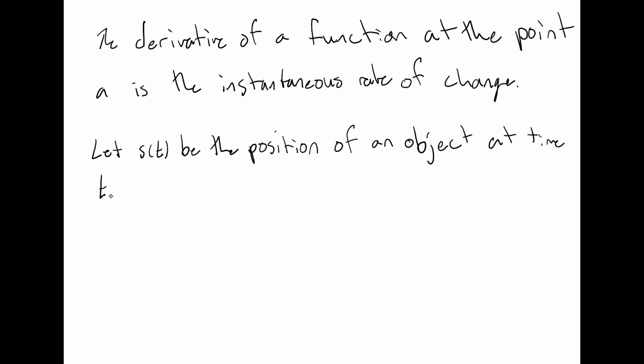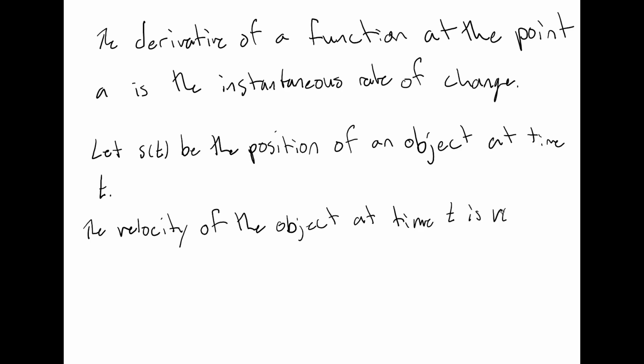So if s of t is the position of the object at time t, the velocity of the object at time t is v of t, which is just s prime of t.